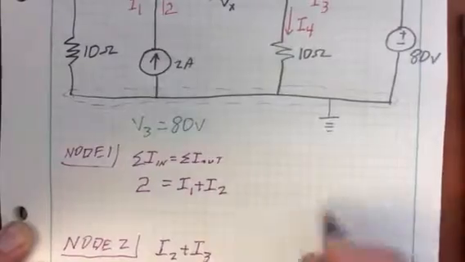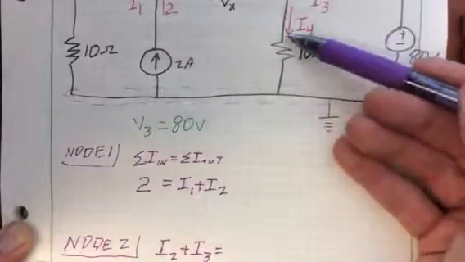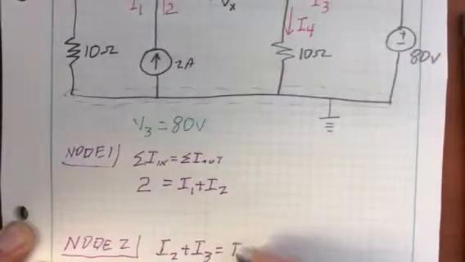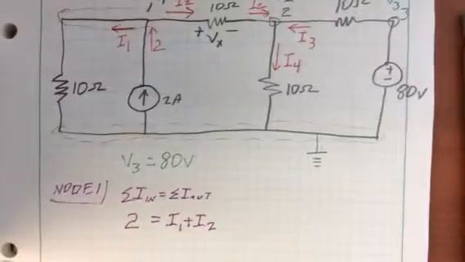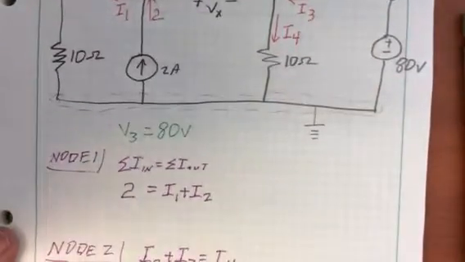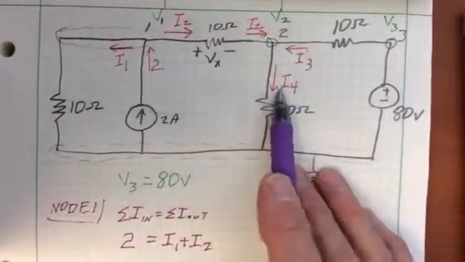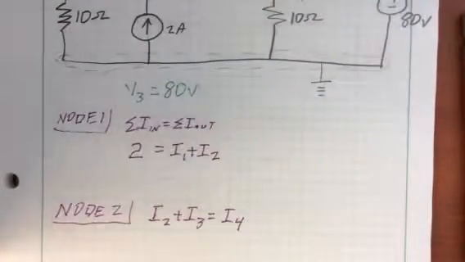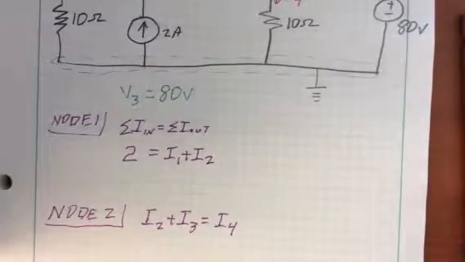What's my current out of node 2? It's I4. There's my Kirchhoff's current law for node 2. Current in, I2 and I3, current out, I4. We've got the Kirchhoff's current laws for each one of these nodes.